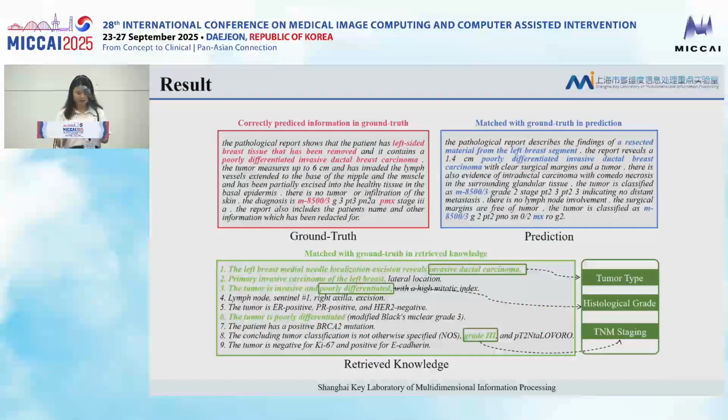Comparing the retrieved knowledge with the ground truth reports, we found a high agreement in tumor type, histological grade, and TM stage, validating the effectiveness of using historical reports to assist pathology report generation.